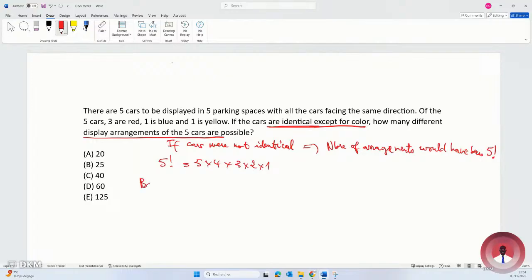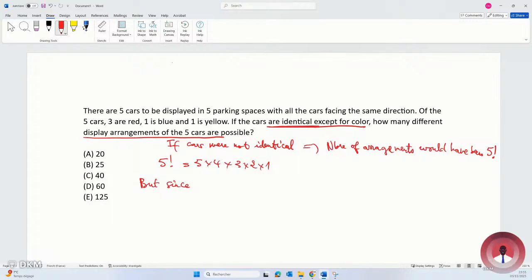But since it says that the cars are identical except for the color, that means that the differentiation here is being made on the color. So cars of the same color are going to be considered as being the same car, basically.